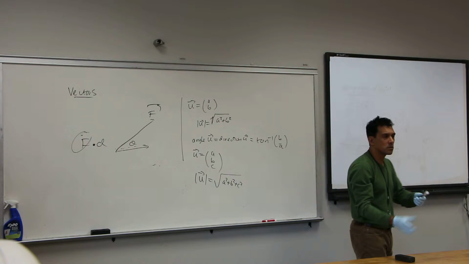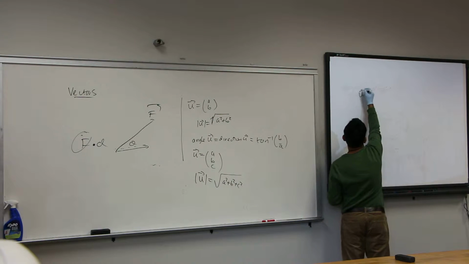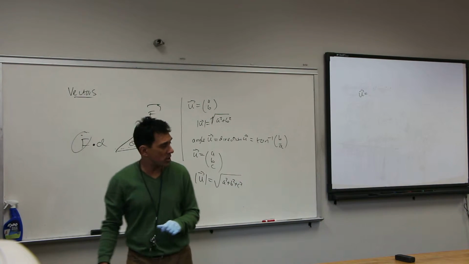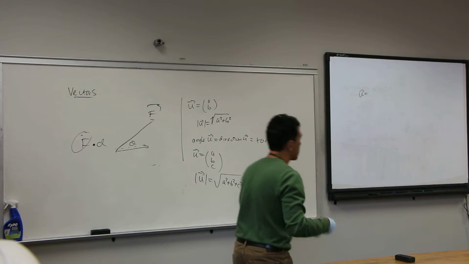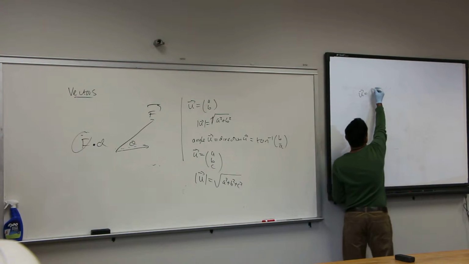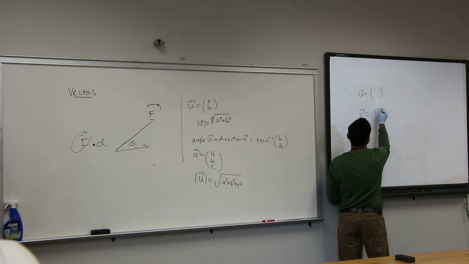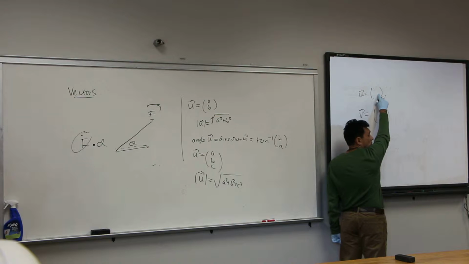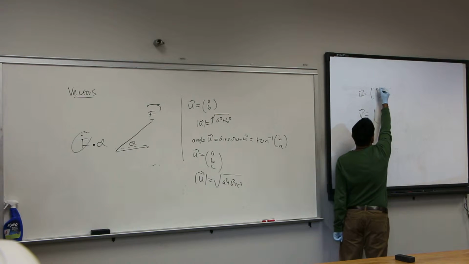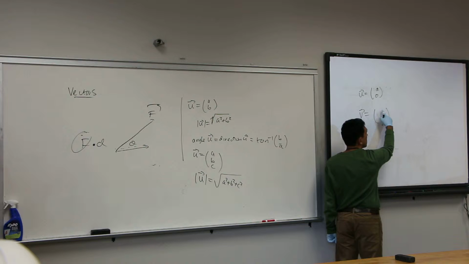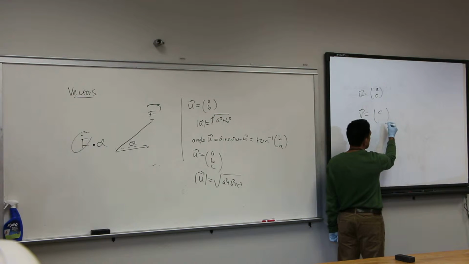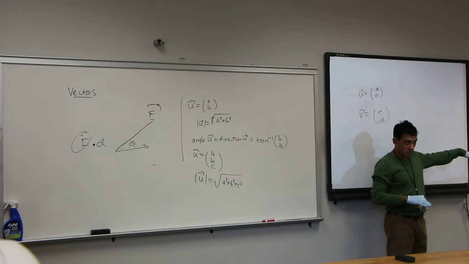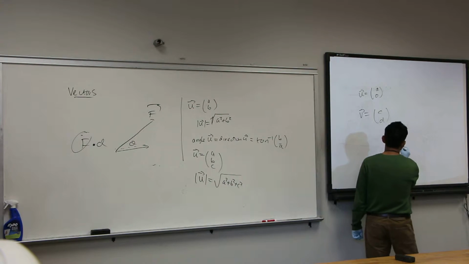So give me 2 vectors. Who will give me 2 vectors? Give me a vector U and another vector V: A, B, C, D. So A is completely in the x direction. Okay.